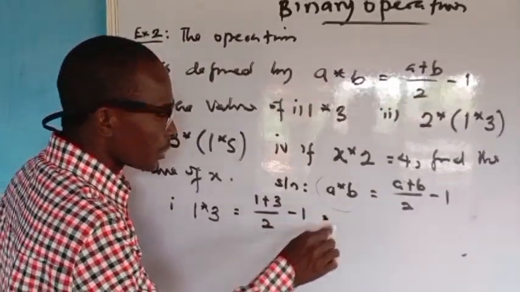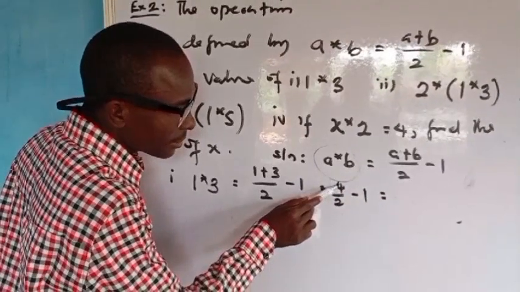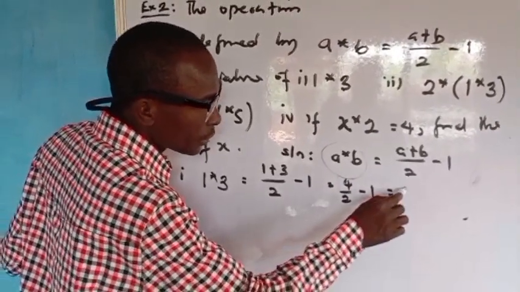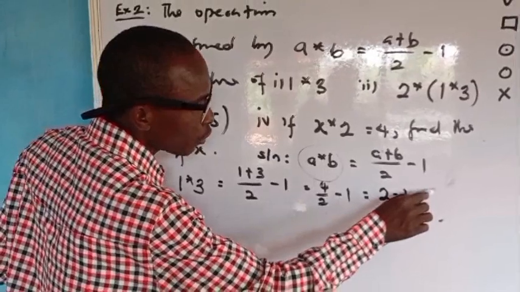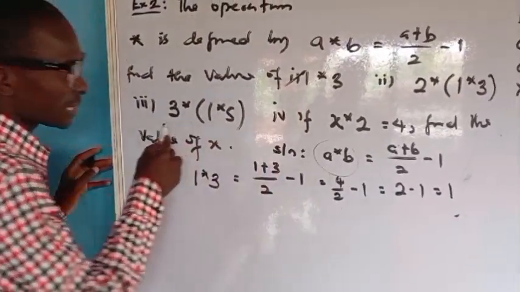So we say over 2 minus 1. This divided by this becomes 2 minus 1, which is 1. That is for Roman figure 1, which is this.